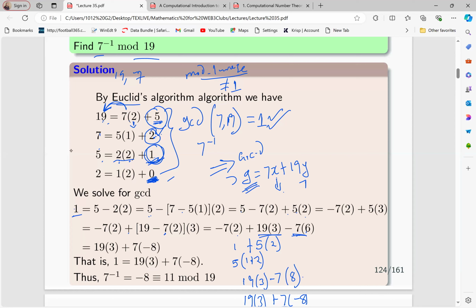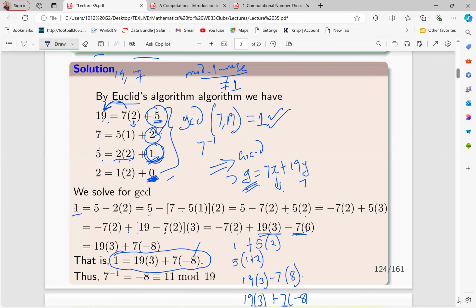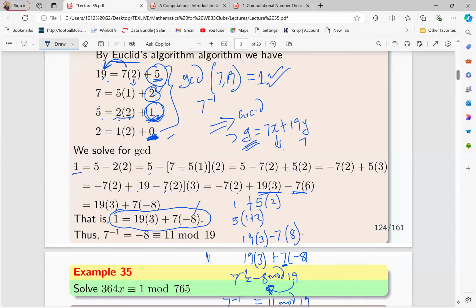So it will find the GCD of 7 and 19, then write that in terms of the coefficients, the same way we've done here. In fact, we converted this to positive. So this is how we wrote it: 1 is 19 multiplied by 3 plus 7 multiplied by, this became 11.